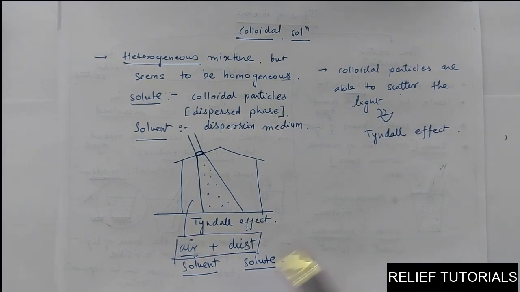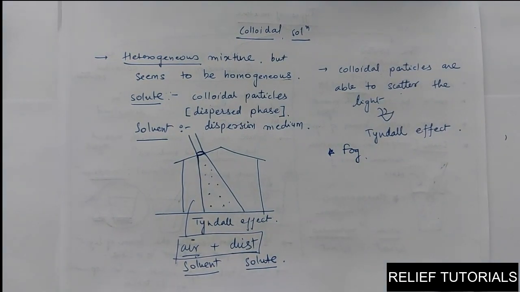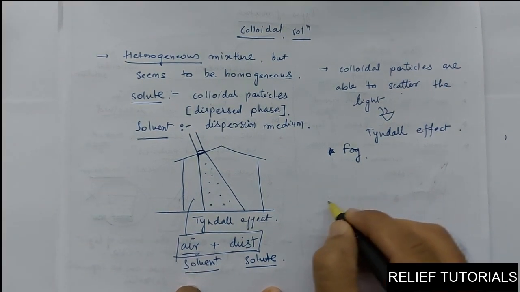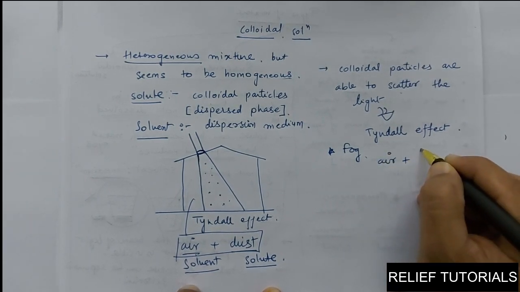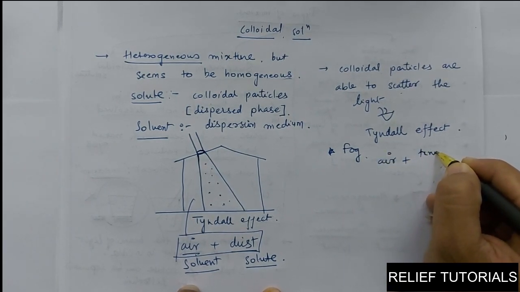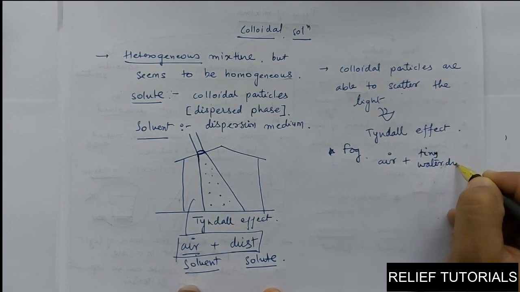Many such examples you can think about this. For example, the fog. We have seen the fog in the winter season, normally in the morning time. In the fog, what happens? It's a mixture of air plus tiny water droplets.